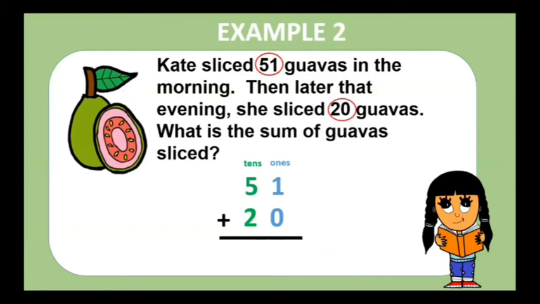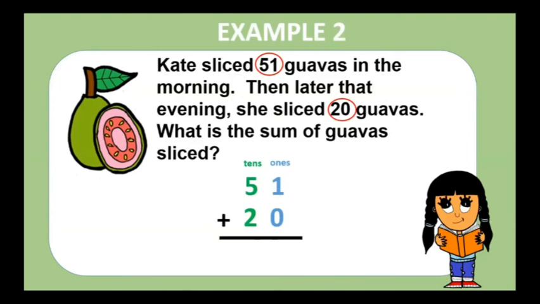We will place them according to their place value, as I have done below. I have written 51 and then 20 according to their place value, as 1 and 0 below ones place and 5 and 2 below tens place. Then I have put a plus sign and drawn the line below the number 20.